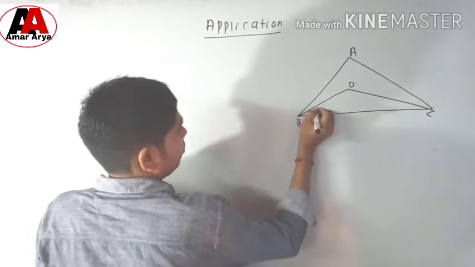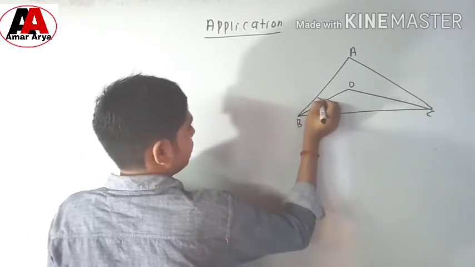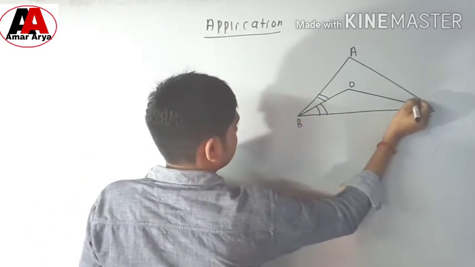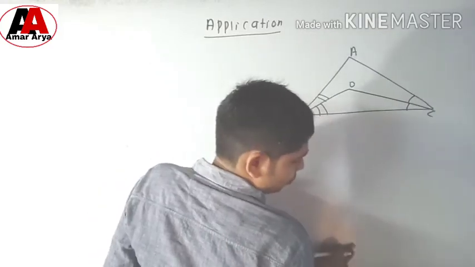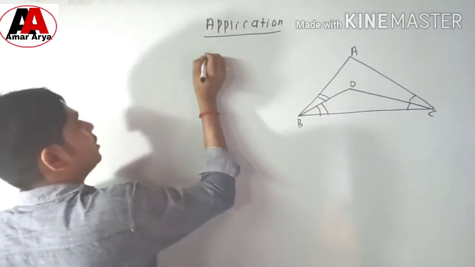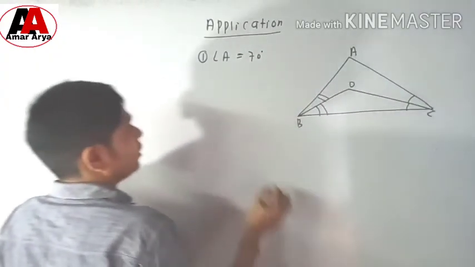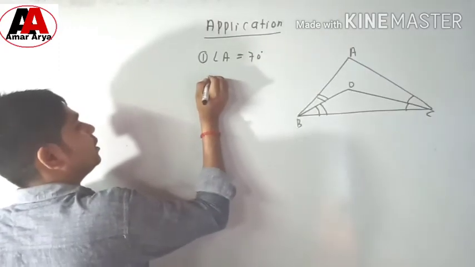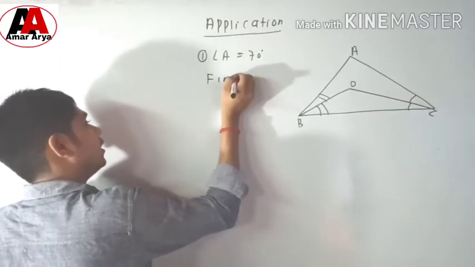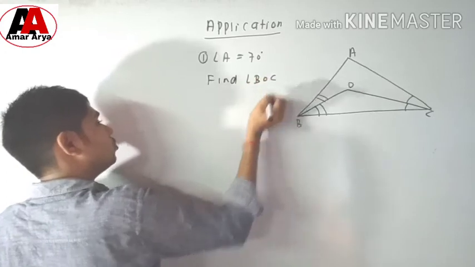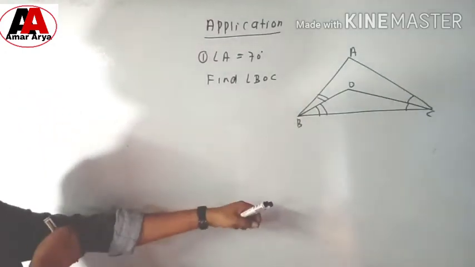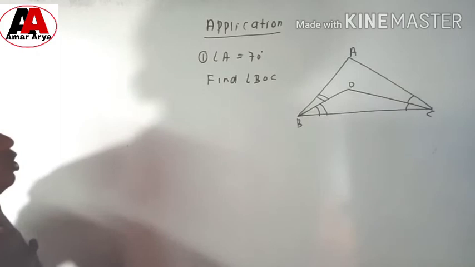This is the bisector, and here is also a bisector, and you have angle A equals 70 degree, already given. You need to find angle BOC.